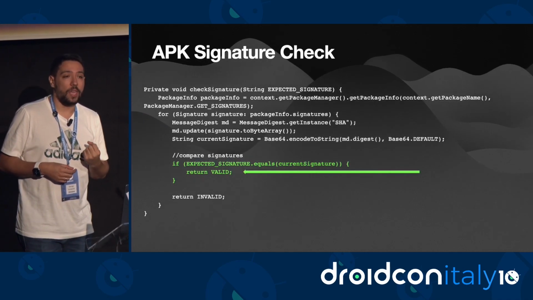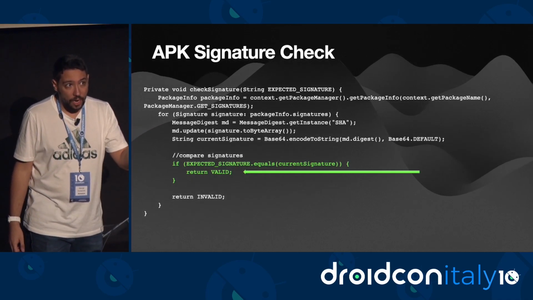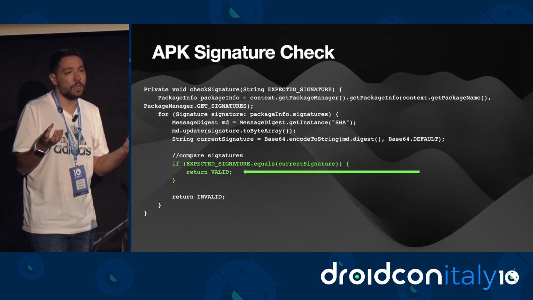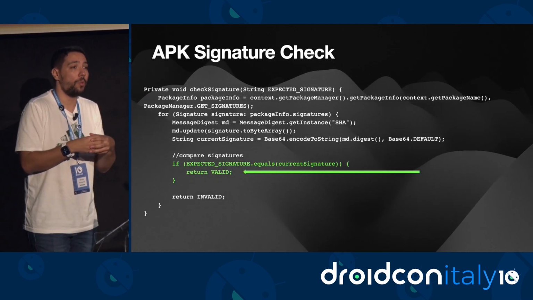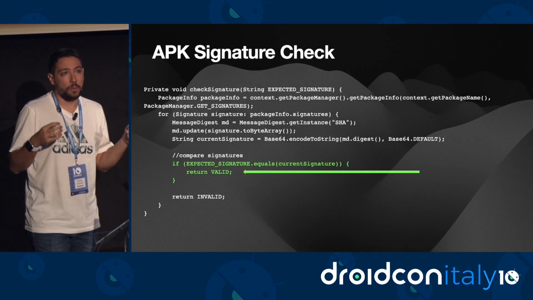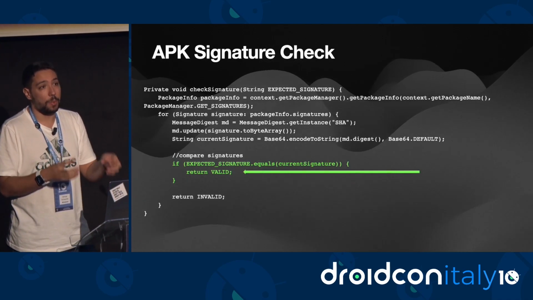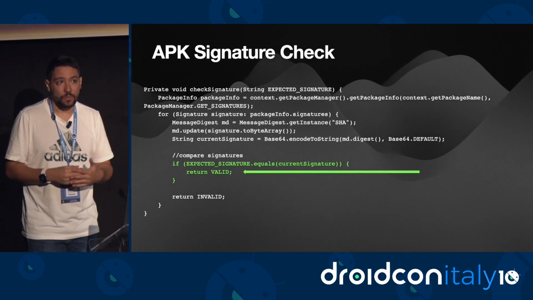If we know the key that signed the application running right now, and we safely have the hash of the key that we know only we own, if we compare those things, we can make sure that the application running on the device is the application that we developed and signed.